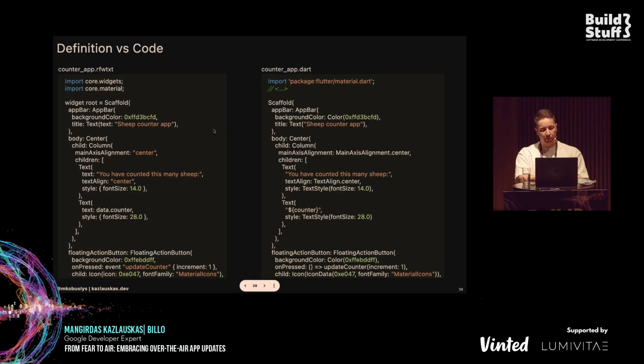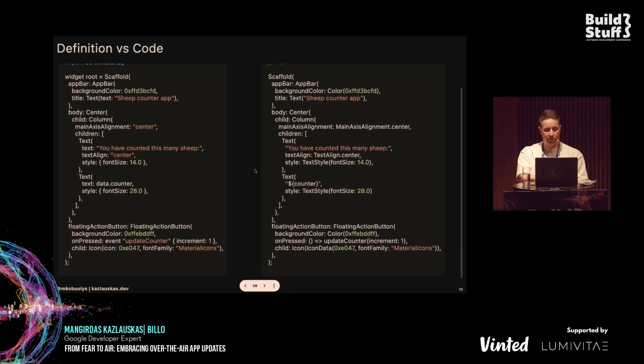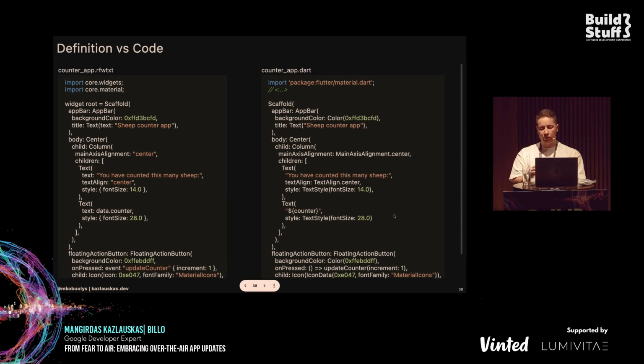And if you look, the UI definition on the left is the exact Dart code that is rendered on the UI on the right. So you see that the definition and render code look quite similar. Maybe the on-press events look a little bit different, maybe some colors are defined in different ways, but basically that's the definition and how it is rendered.